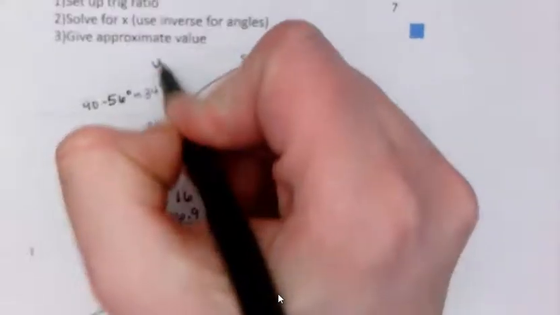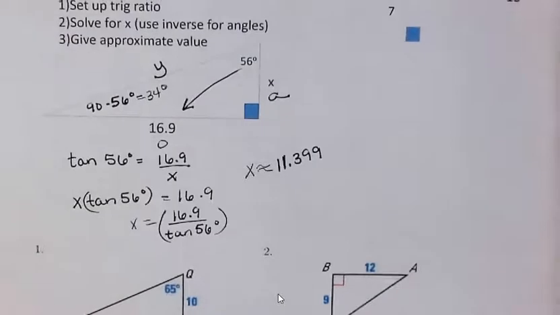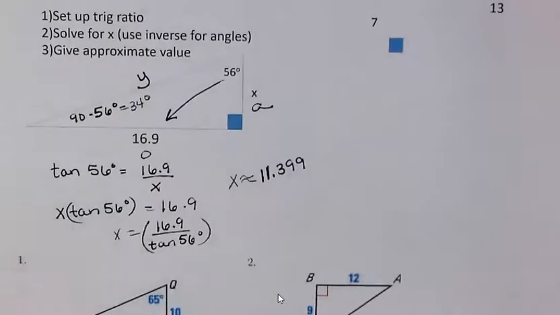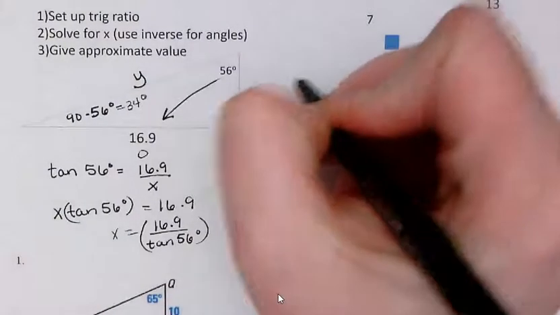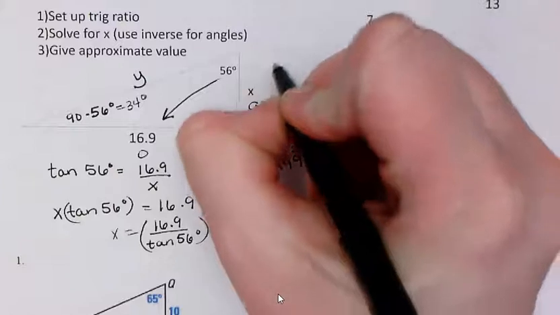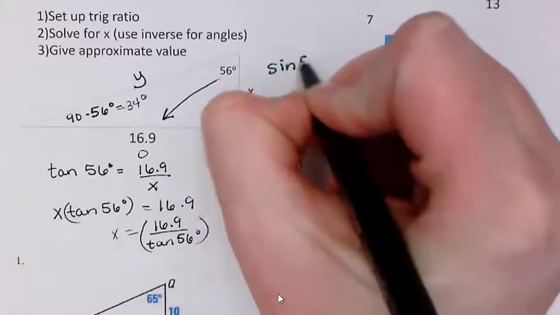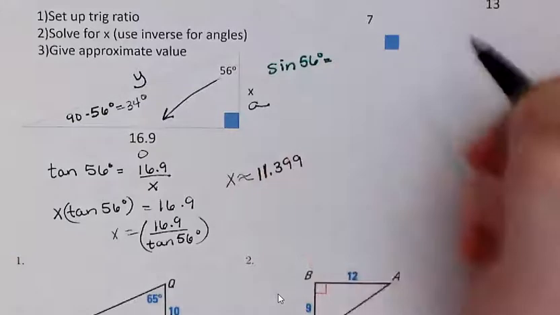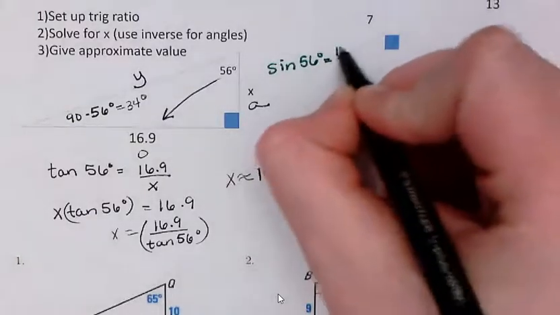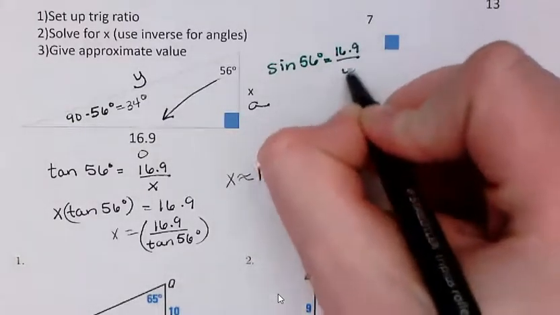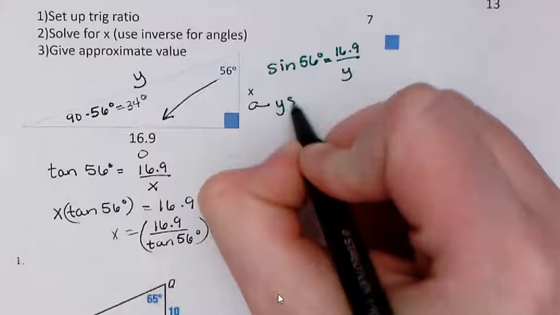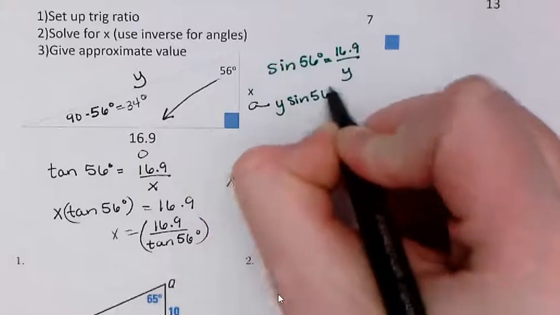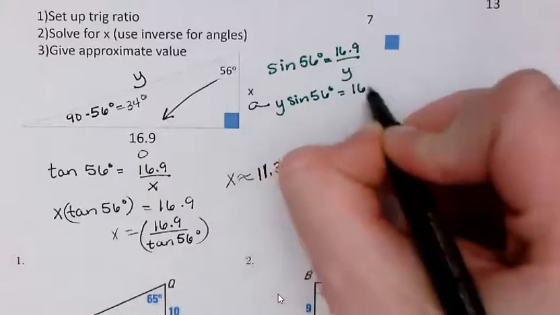Now, with this, since this was opposite, I would use sine with 56 to find my hypotenuse. I'm going to make up a variable and put y here. And I'm going to do that work over here off to the side. I'm going to pick a different color of green so I can use that. Okay, so I would have sine 56 degrees equals 16.9 divided by y. Y sine 56 degrees equals 16.9.